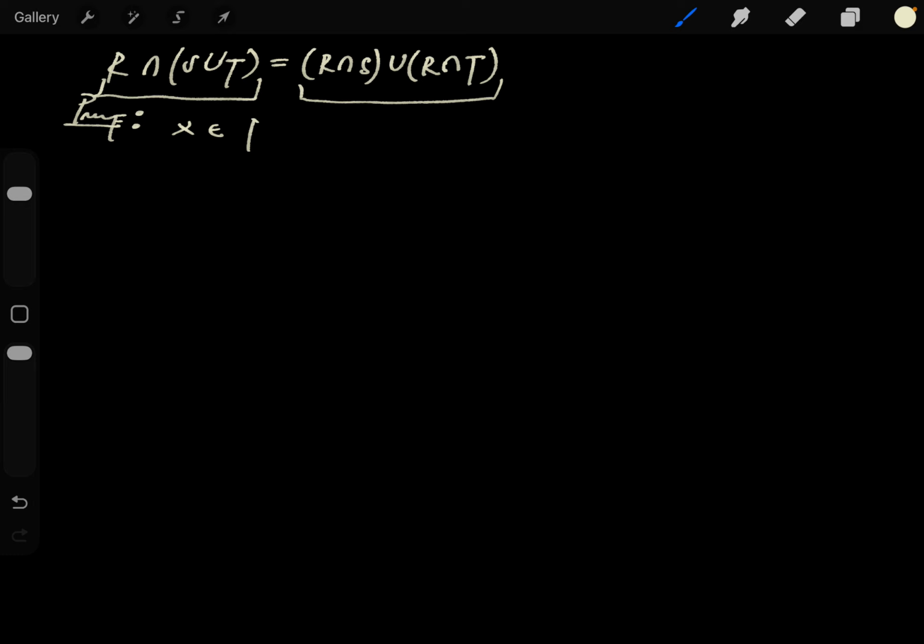So let X be contained in this set right here. If X is in here, then this is an intersection. So we have it that X is in R and X must be in this union.